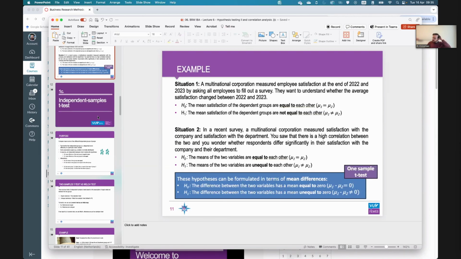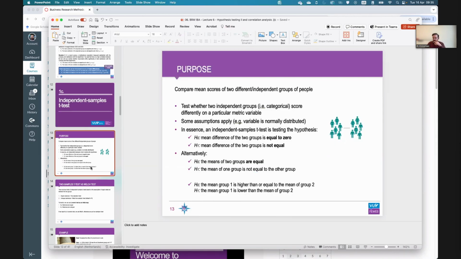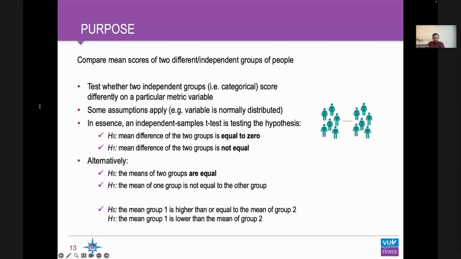For all of the t-tests, I will also add one-sided hypotheses here. I hope it makes sense. So when the sign is lower or higher, yes, Nastya, that's correct. If you have directionality, then this is a one-sided test.